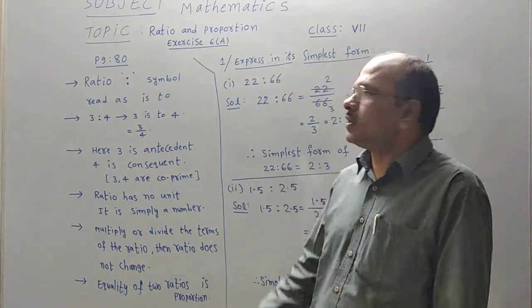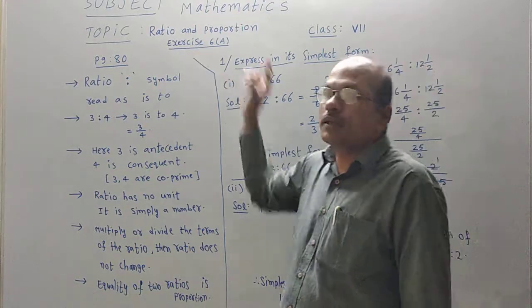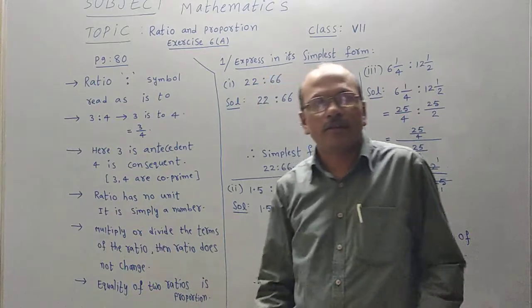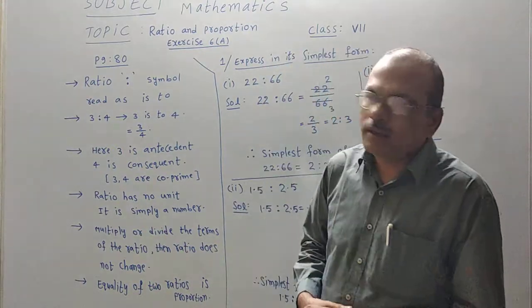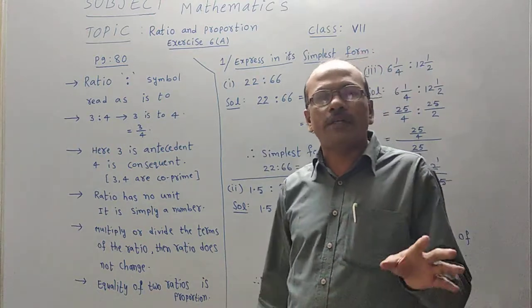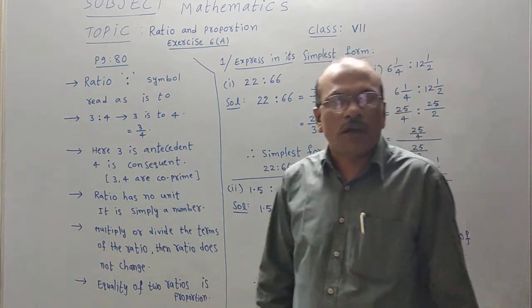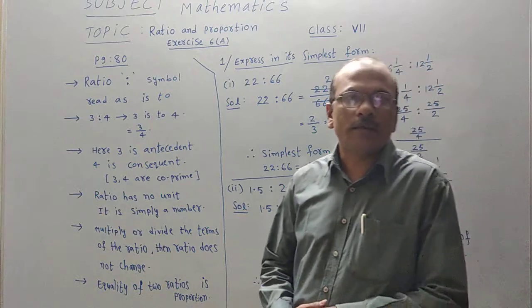We were in the chapter ratio and proportion, exercise 6A, that is on page number 80. A little introduction we have to do here for the chapter ratio and proportion. Up to 5 chapters are already finished, some revision took place, and you have attended the slip tests conducted by me.